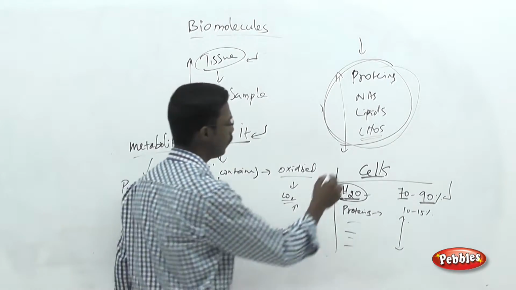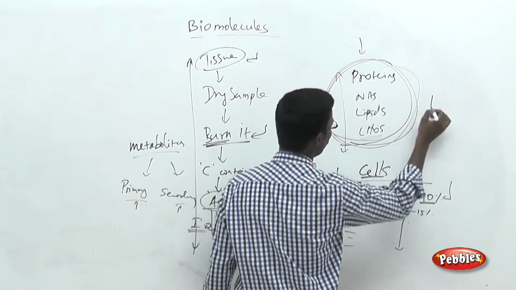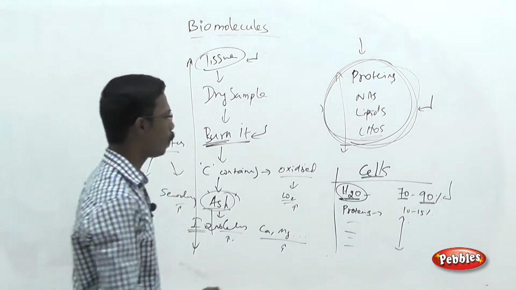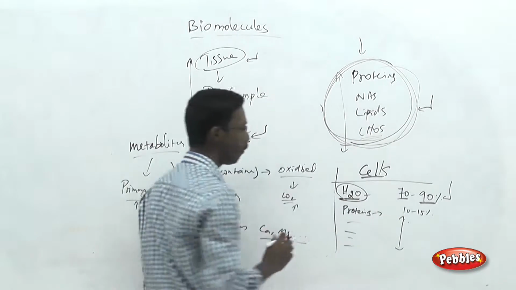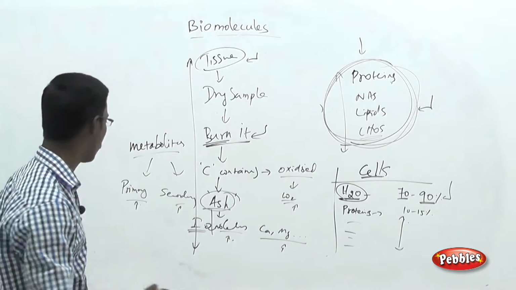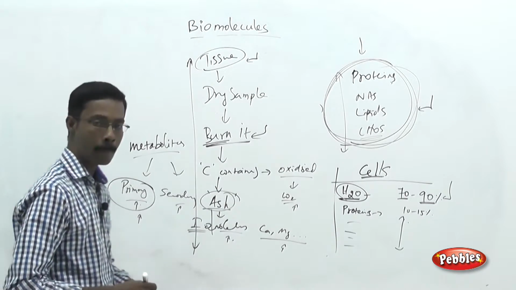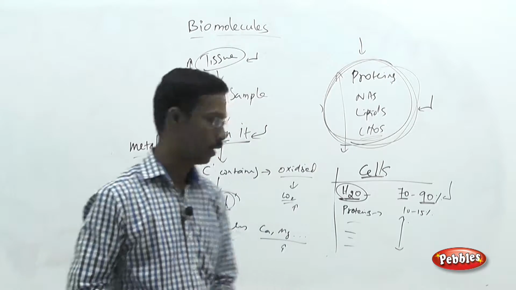Without these molecules a cell cannot function as a cell. So we call these the basic molecules of the cell, and these molecules together are called the primary metabolites of any cell.